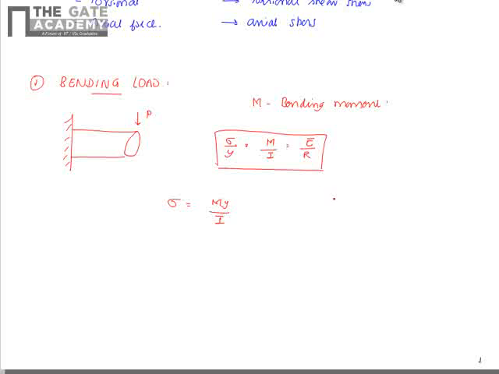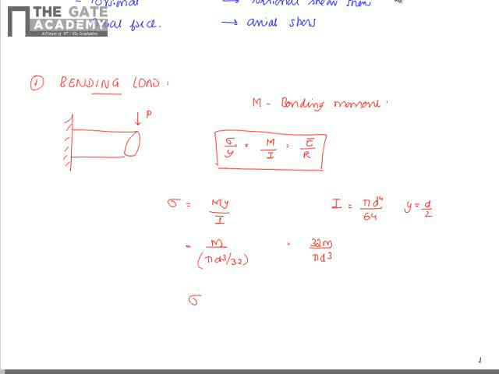For a circular shaft, the moment of inertia about the neutral axis is given by pi d raised to 4 by 64. y is equal to d by 2, which gives sigma as 32 M by pi d cube.